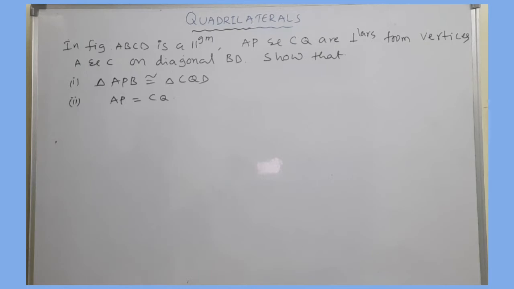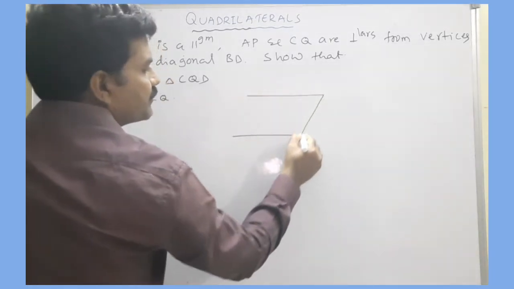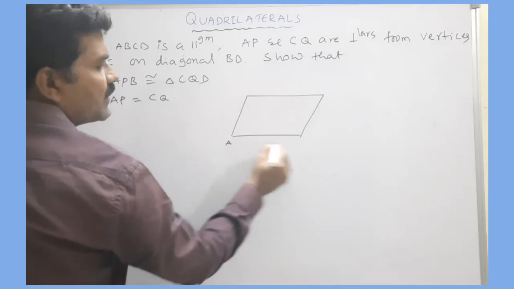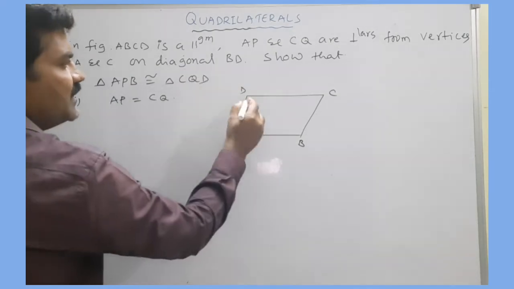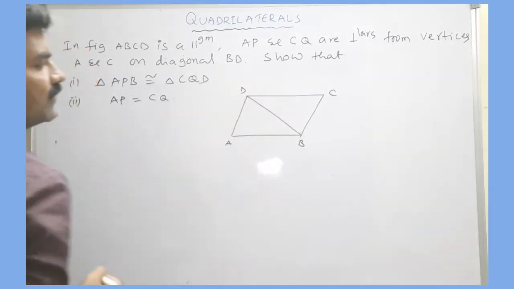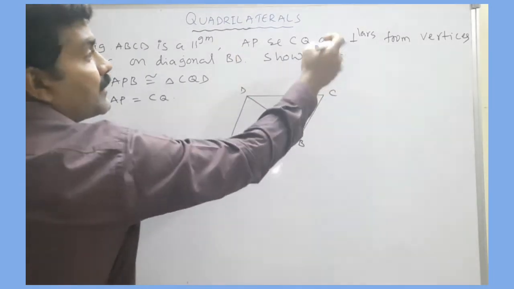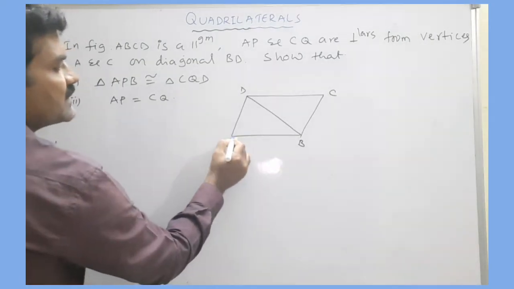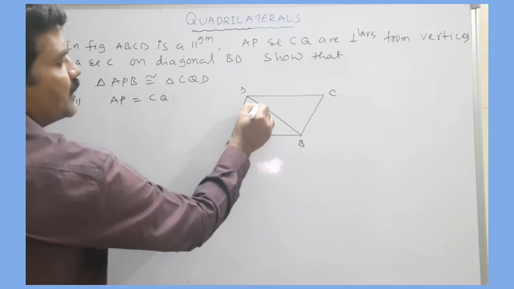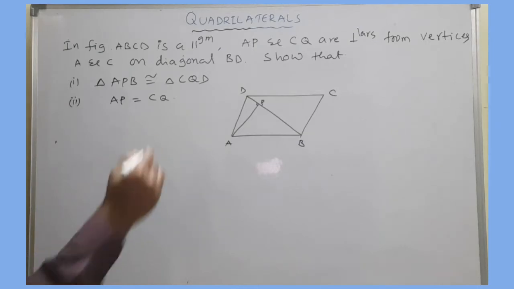ABCD is a parallelogram. Fine. Let it be the parallelogram ABCD. And also BD is the diagonal. Now AP and CQ are nothing but perpendiculars drawn from vertices. From vertex A, let the perpendicular drawn on diagonal BD be AP.